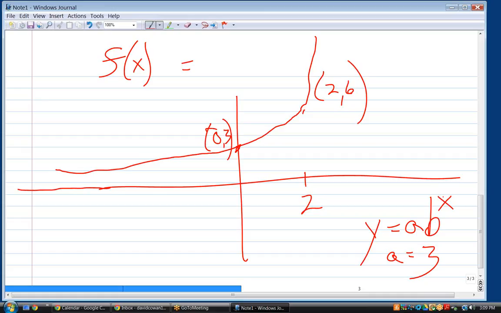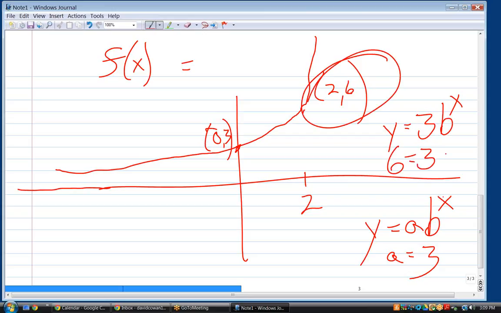So y equals 3b to the x. Now we can solve for b by plugging in that point. The y coordinate is 6. The x coordinate is 2.